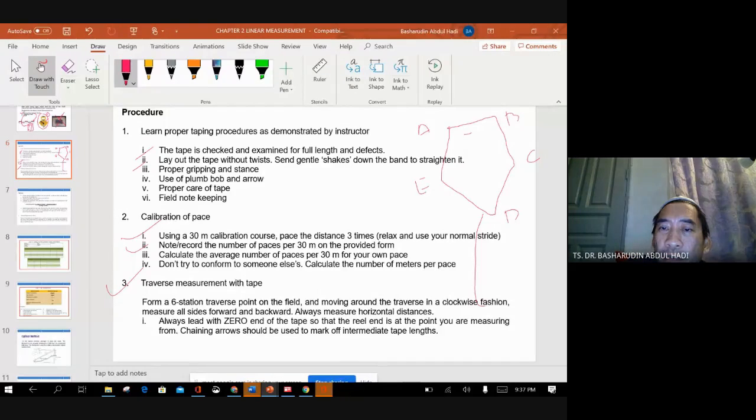You measure in this direction. Okay. And then when you measure between point A and point B, in between you put an arrow. B and C you put an arrow. Because we want to make sure that the line is straight. Okay?